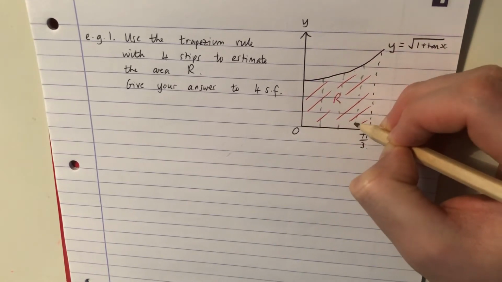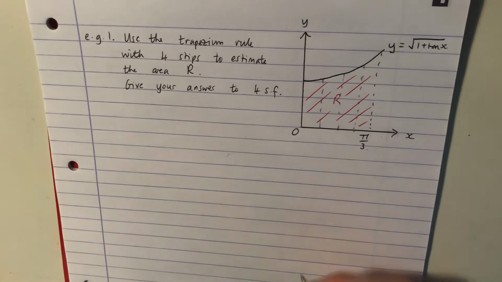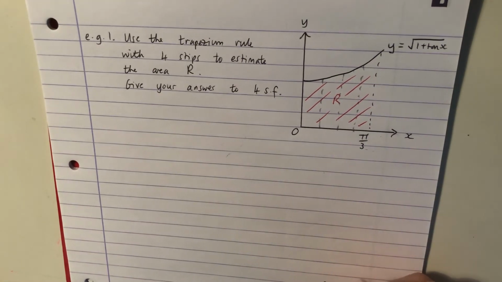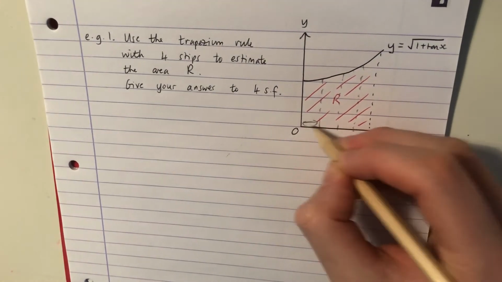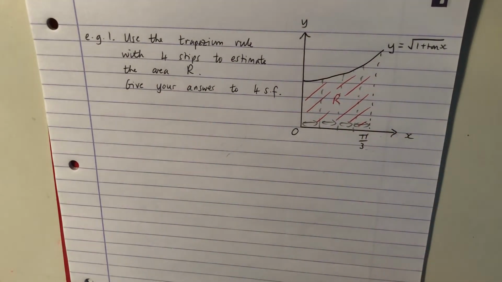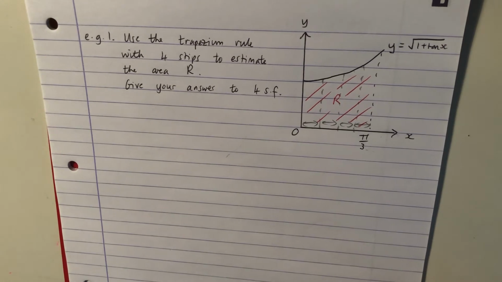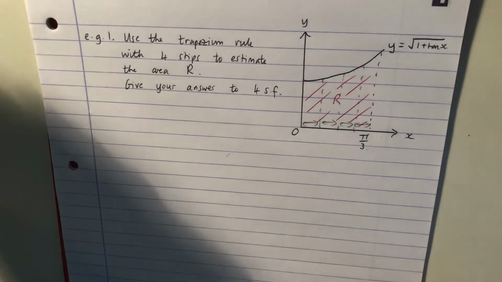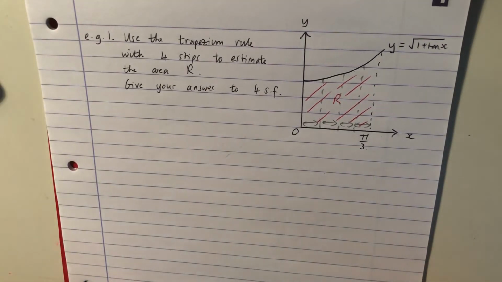Now I've got the sketch. Okay, now I want to work out the width of these strips, and there's so many ways to do this. I'm going to try and show you the easiest way.